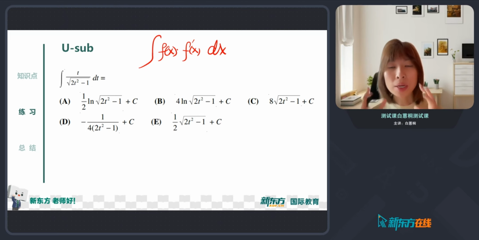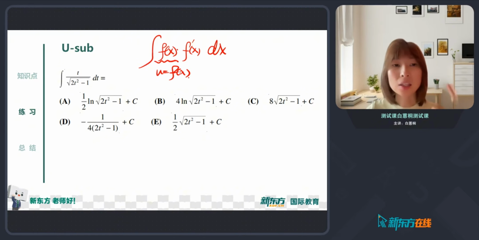So when you meet a pattern like this, you have to set u equal to the original function, okay? So let's take a look at this question. So here is the thing. For this question, we have to use u equal to 2t squared minus 1. We have to set it as u.